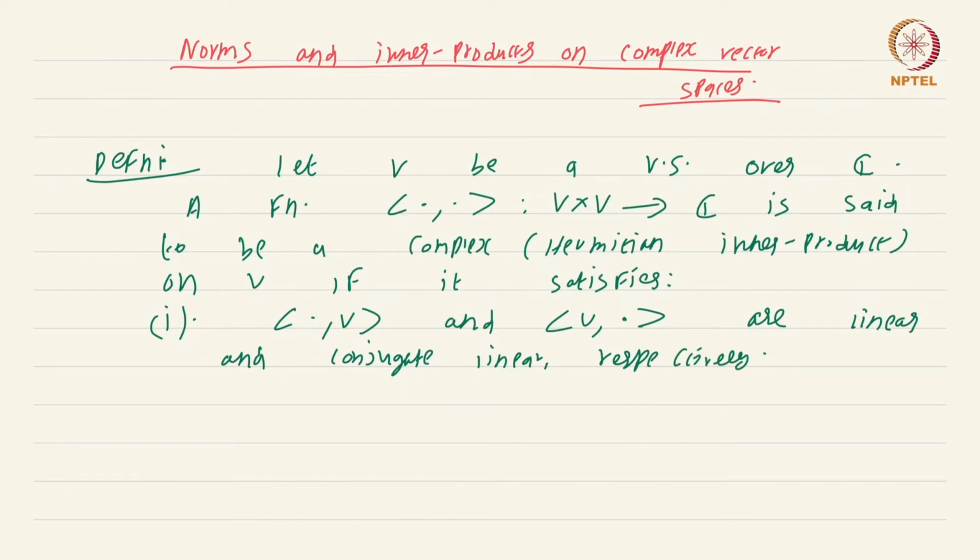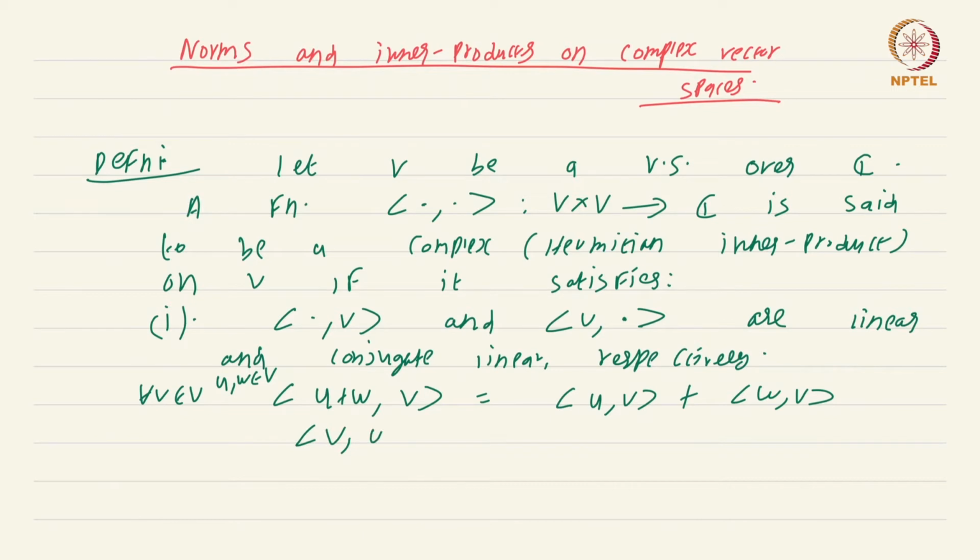Well, the linearity part is rather easy to say. What it means is for all v in V and u, w in V, we have (u plus w, v) is (u, v) plus (w, v) as expected, and similarly (v, u plus w) is (v, u) plus (v, w) as expected.